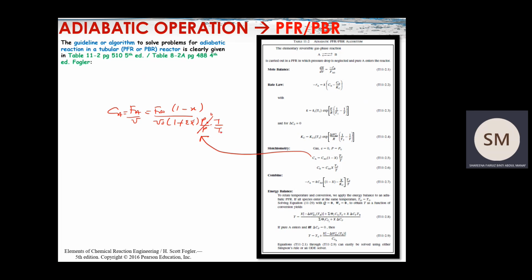This one cancels, and epsilon is 0. That is why we have CA0 (1 minus X) T0 over T. This is how we get it.